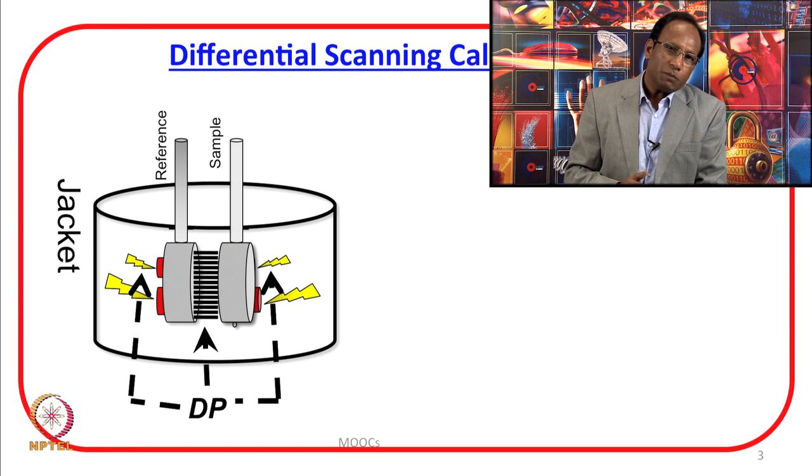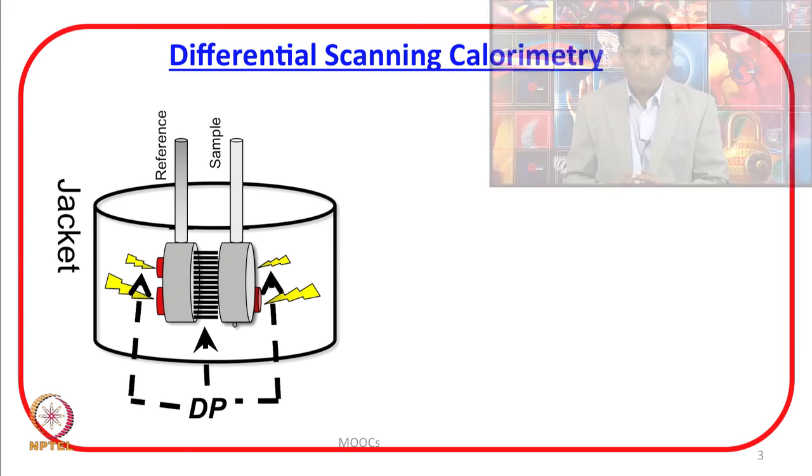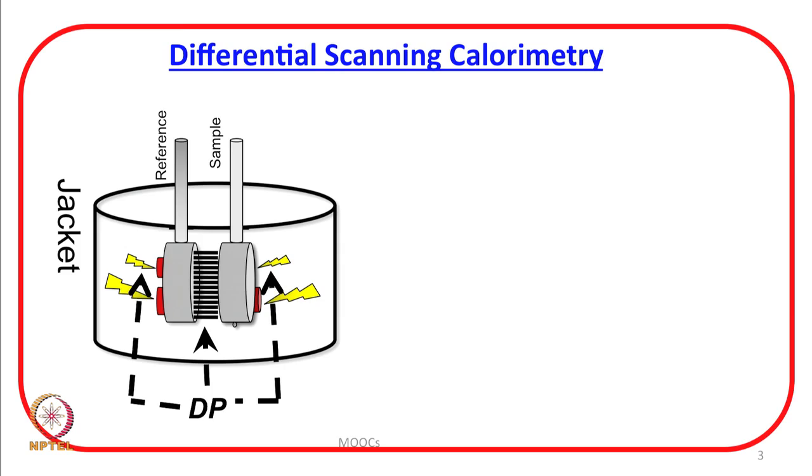The differences between the different types of differential scanning calorimeters will be the cell design. Even though I am discussing differential scanning calorimetry specifically for biologically important systems, the principle remains the same. What is the principle? Let us discuss.